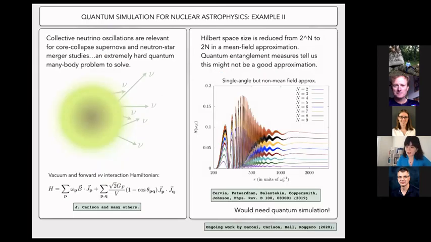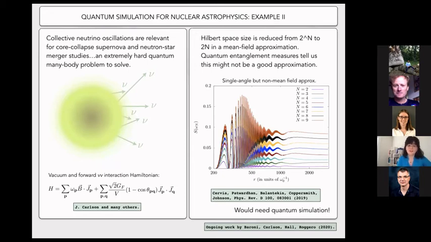Let me give you another example from nuclear astrophysics. In this case, we know that collective neutrino oscillations are relevant for example to core-collapse supernovae or neutron star mergers. However, this is a very hard computational problem. It's a very complex quantum many-body problem to solve.